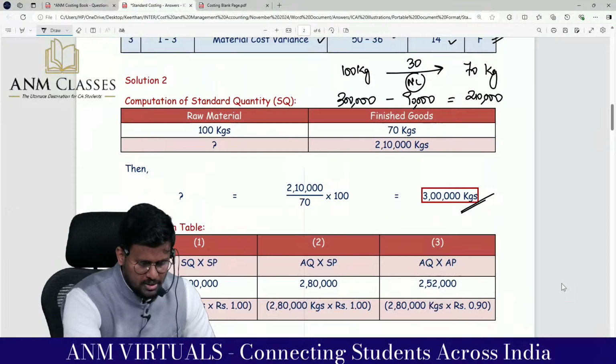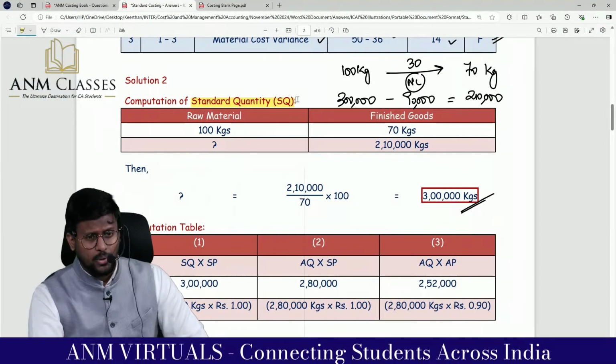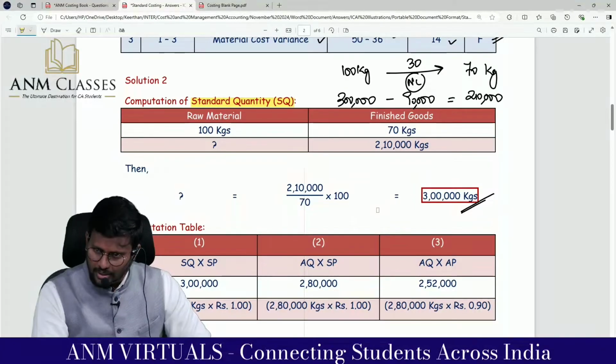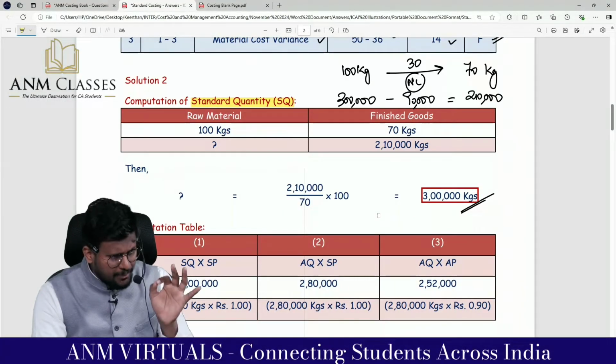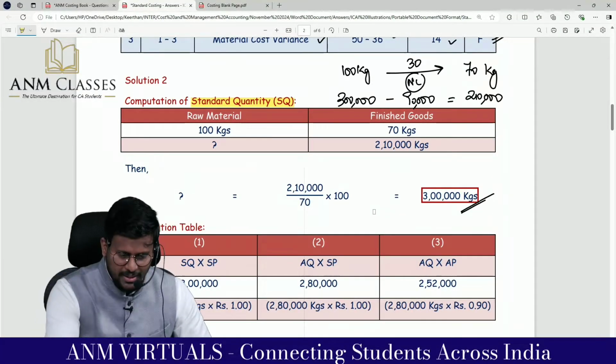My dear lovable students, first we have to calculate the standard quantity. If anyone has made a mistake in interpreting the standard quantity, I will explain that.